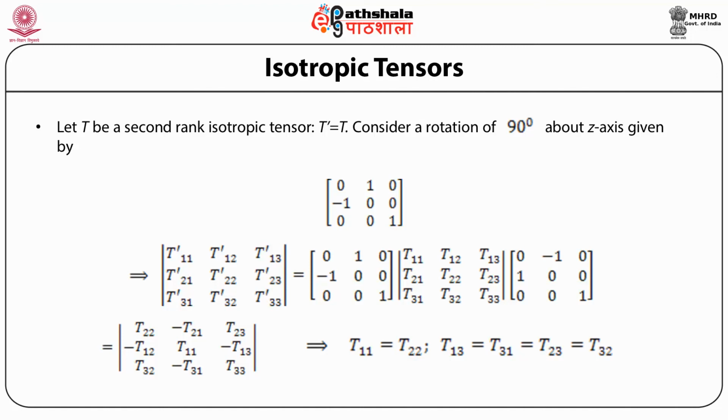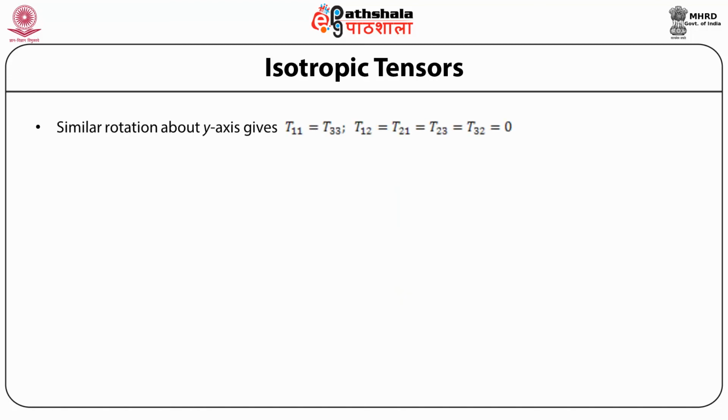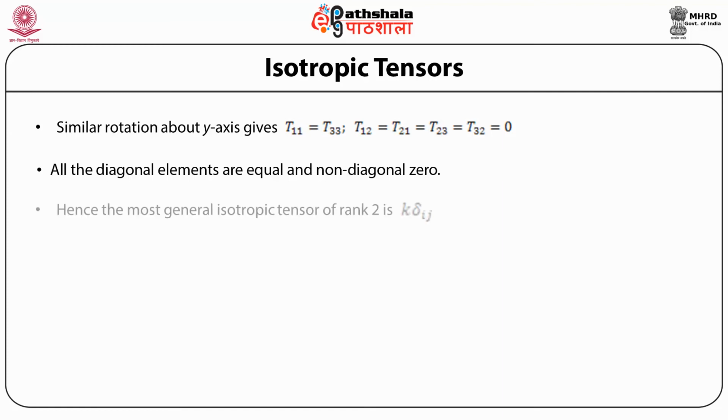This implies that T11 equals T22, and T13 equals T31 equals T23 equals T32. A similar rotation about the y-axis gives T11 equals T33, and T12 equals T21 equals T23 equals T32 equals 0. All the diagonal elements are equal and the non-diagonal elements are 0. Hence, the most general isotropic tensor of rank 2 is K delta ij.